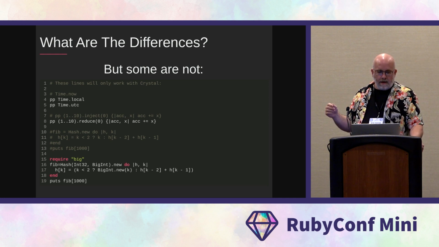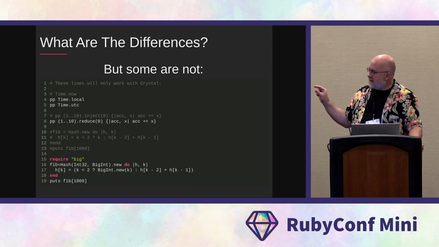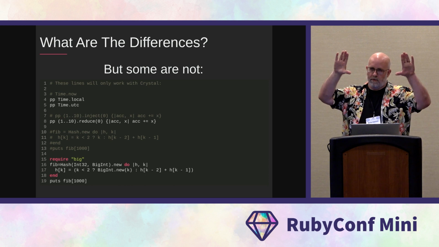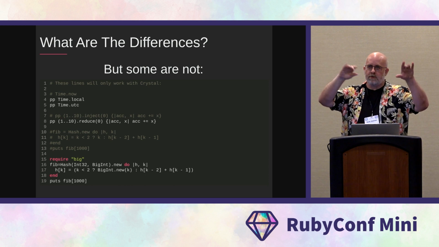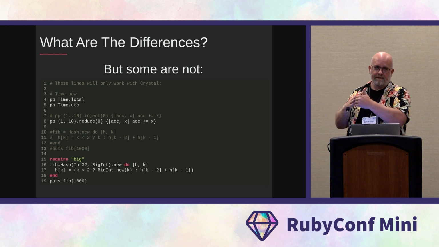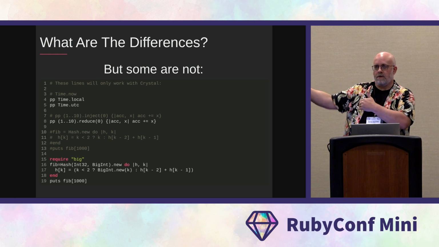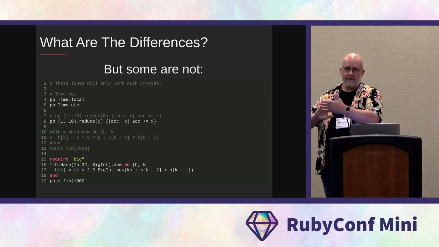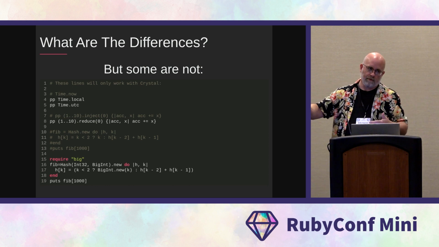It's slightly different in Crystal, because Ruby will cast between your regular integer types and a big int if you overflow that integer. So when your number gets too big, Ruby will say, oh, it's too big, time to use big int, and it will transparently cast that for you.